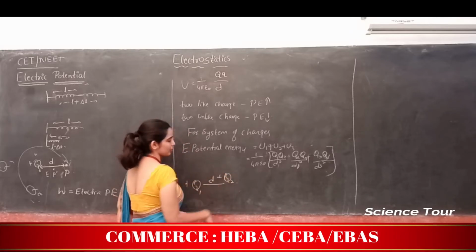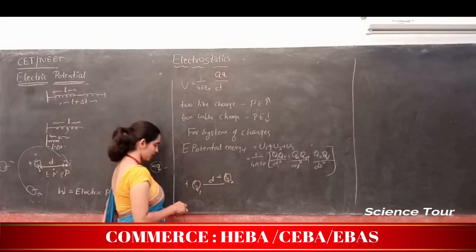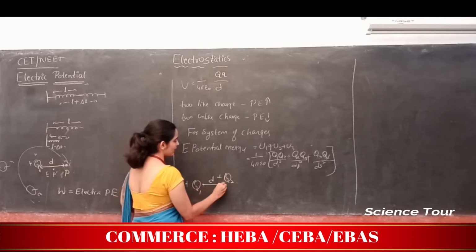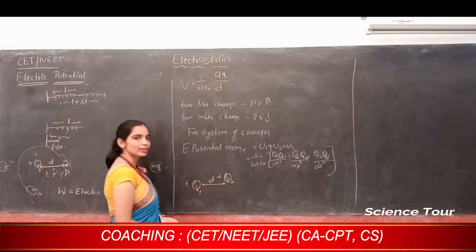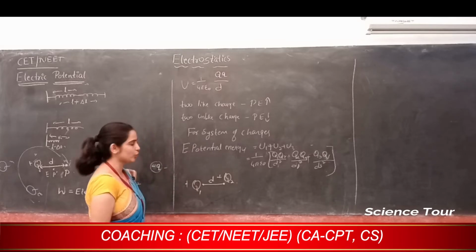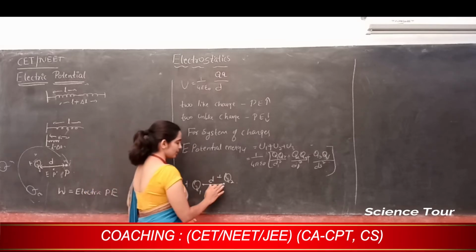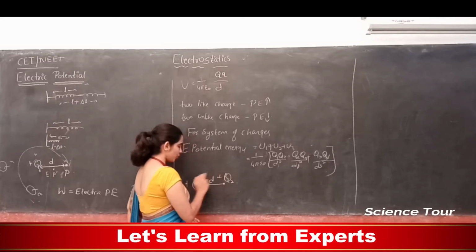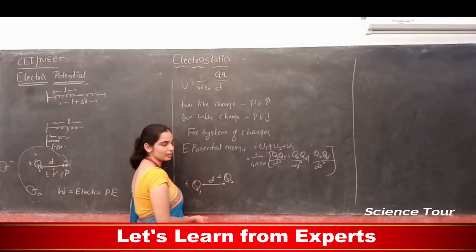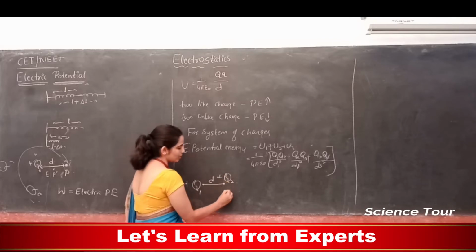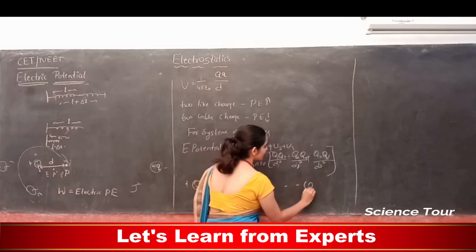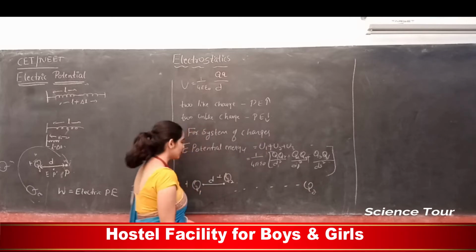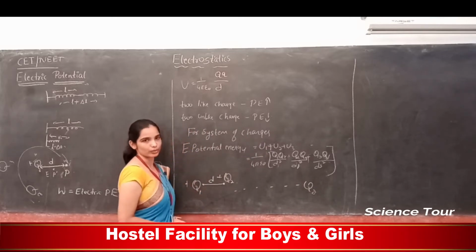Let's say they are positive. Now I release this charge. Both are positive, so they should repel each other. When I release it, this charge will go to infinity, correct? Because of this repelling force.